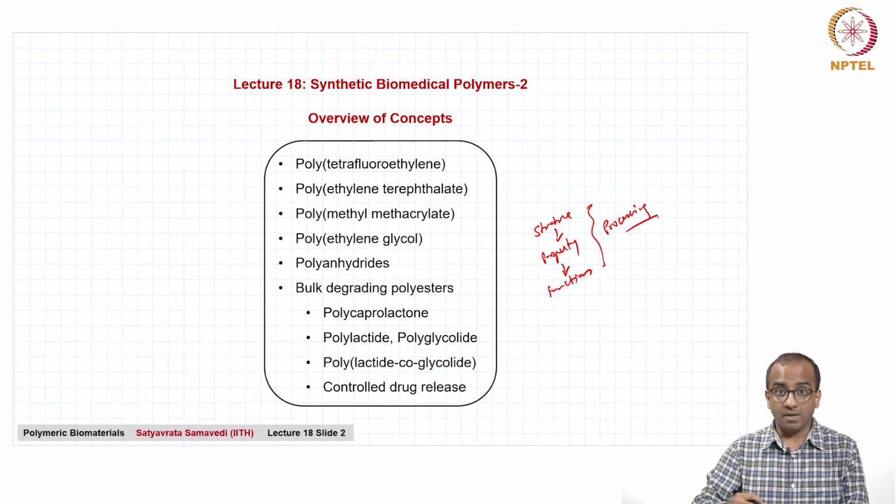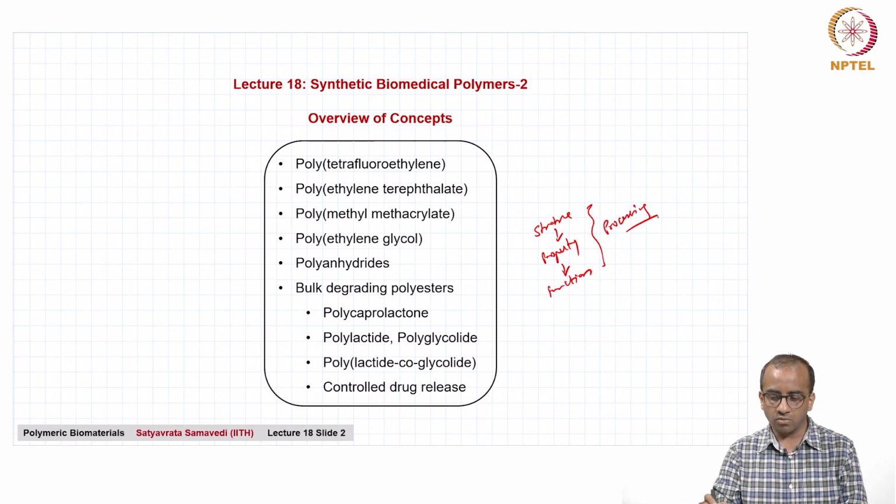For polymeric biomaterials in general, we then used this paradigm to see how in specific clinical applications specific types of polymers are used. So, we asked what is the demand in the clinical application, and then why is a particular polymer chosen for that application based on the structure, property, function paradigm.